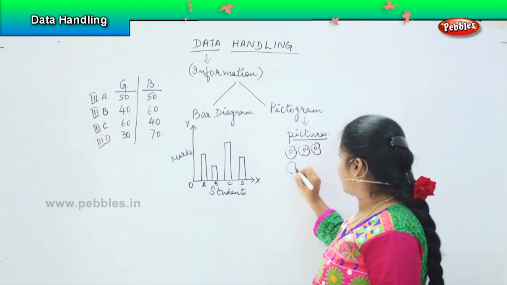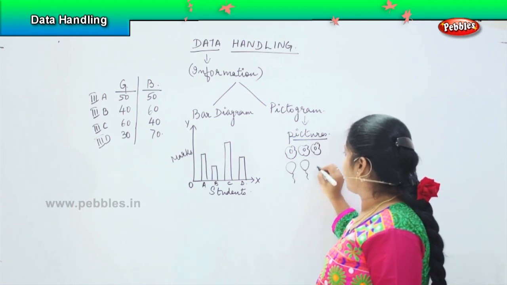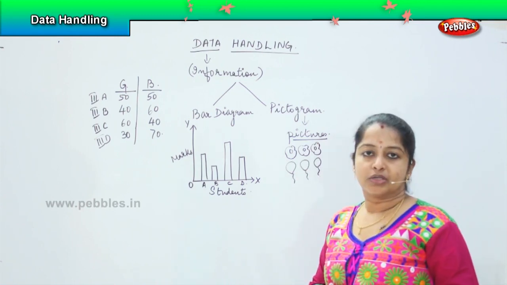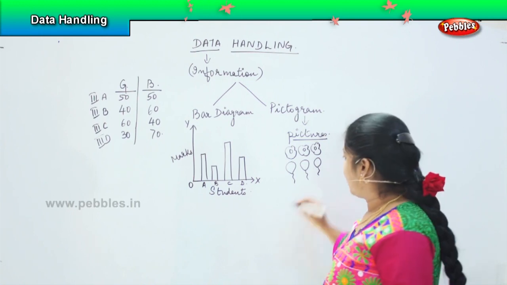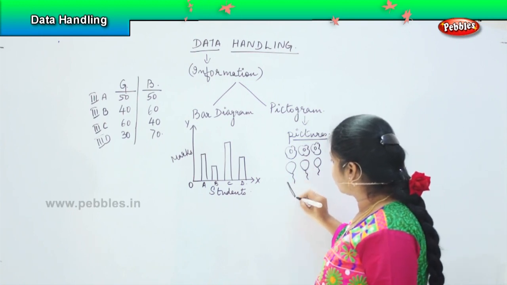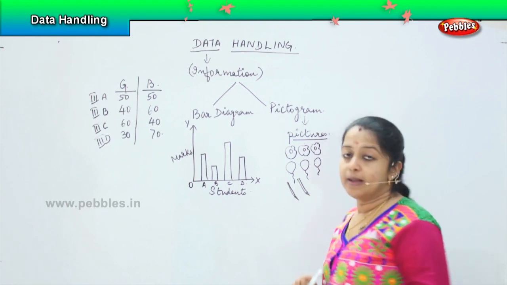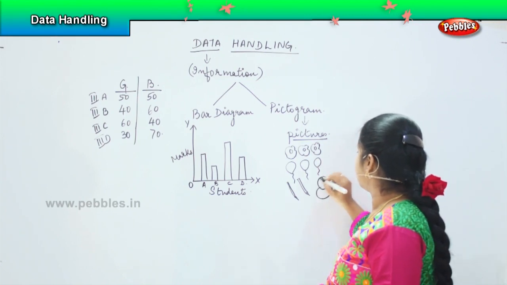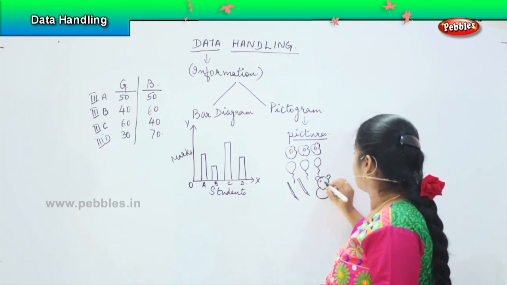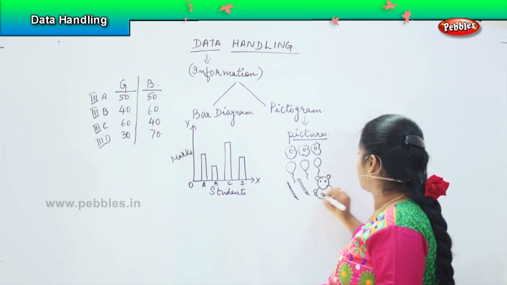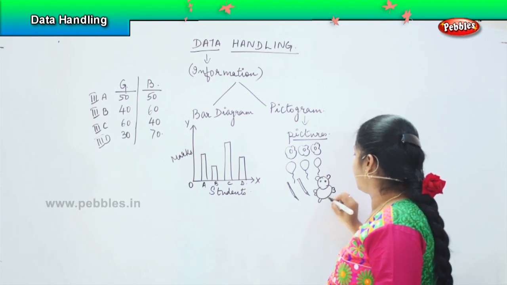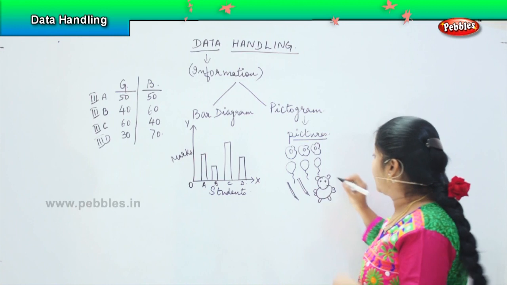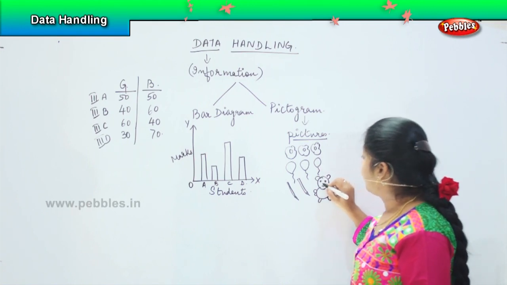If I draw something like this, it will talk about the balloons or the birthday parties. If I draw something like this, it will talk about the pen. Or if I draw something like this, it will talk about some toys, right? So this is basically called my pictogram.